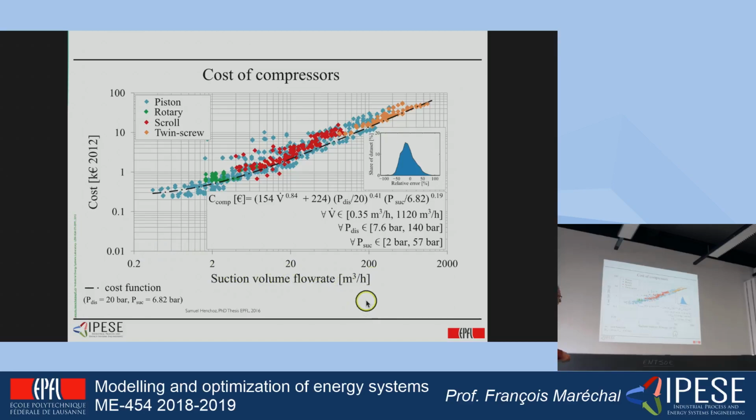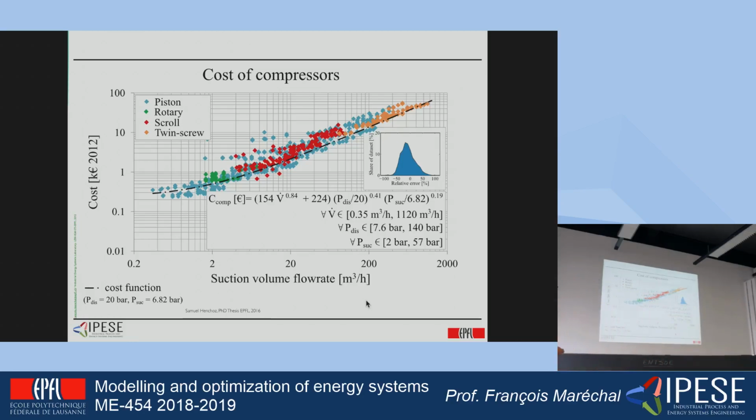In this case, we decided to use as a sizing dimension the suction flow rate, because it defines the volume that will be needed at the entrance of the compressor, where we have the lowest density.